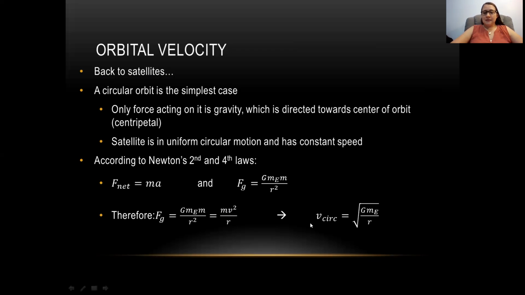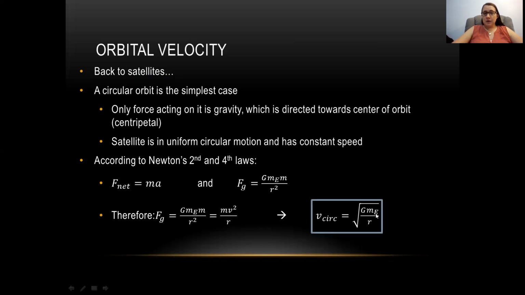That means that our circular orbital speed, or the speed that we would need for a circular orbit, is the square root of GM over r, right? And this M is the mass of the Earth.